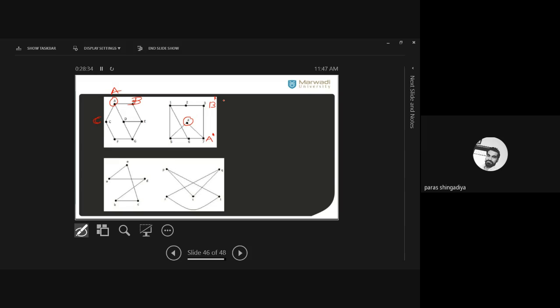So that is not a place for B dash. Which place is suitable? This one. If I put B dash here, this vertex is adjacent with this one and it has degree 3. Clear? So that is the place for B dash, and that is C dash.